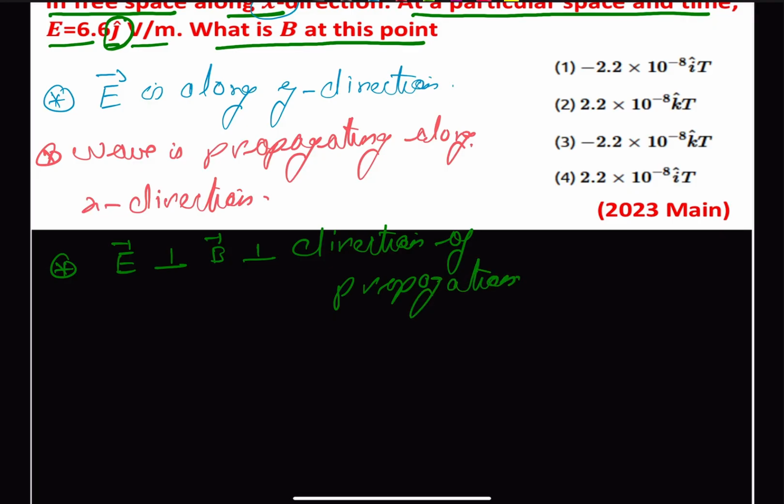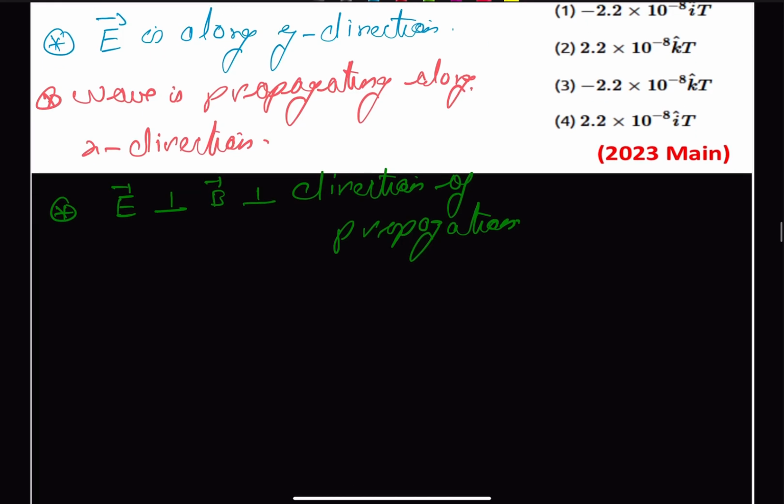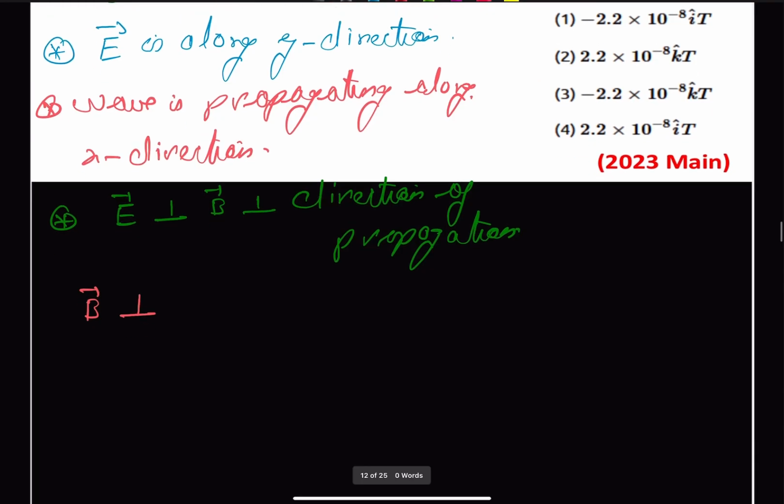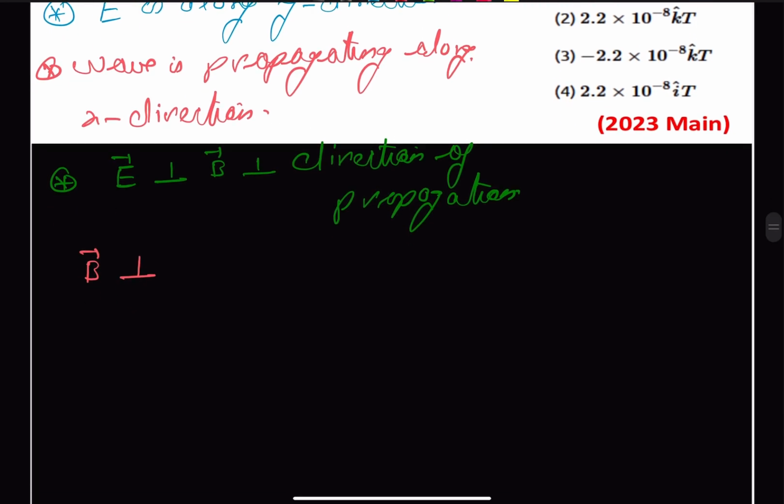These three are always perpendicular to each other. So it means our magnetic field B will be perpendicular to E, which is given in the j unit direction, and our magnetic field is also perpendicular to the i unit vector, along the x-axis.